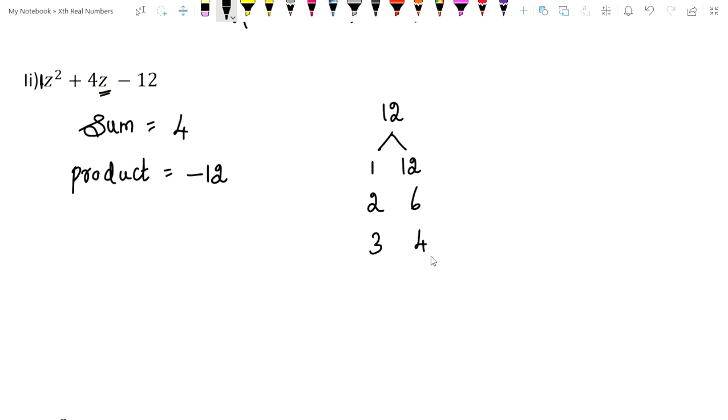When we add or subtract the numbers, we need to get the sum value 4. Before that, just put the sign. Here sum is positive, product is negative. See the box.